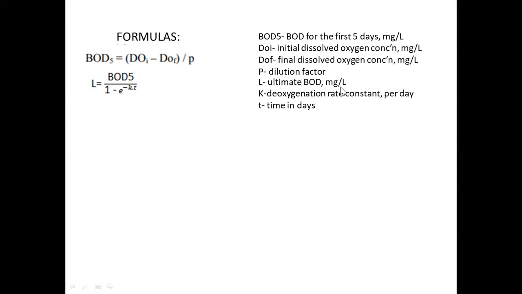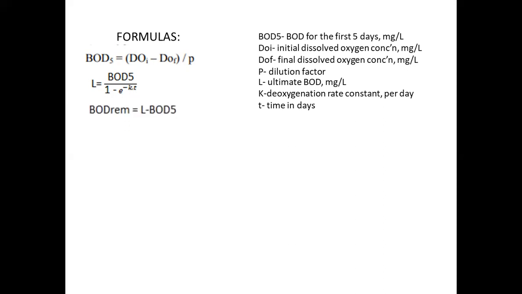This is in terms of milligrams per liter as well. And k here is the deoxygenation rate constant. Usually, this is expressed as per day. And we have t here. This is the time duration of the sample in days.